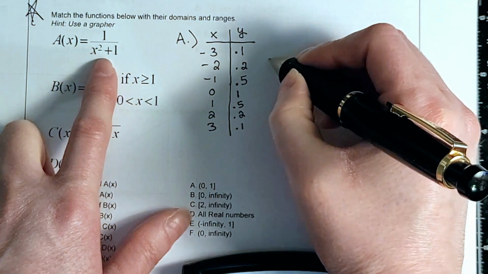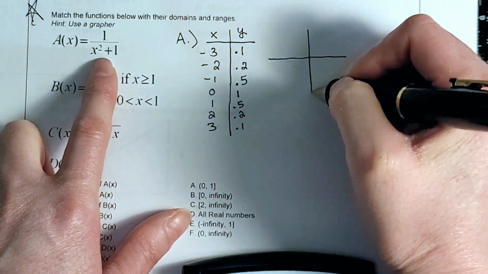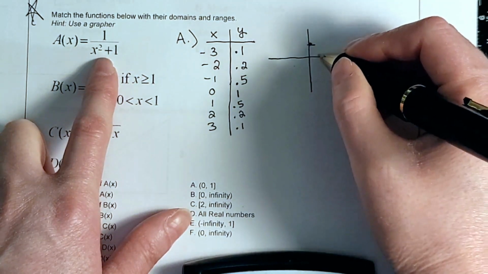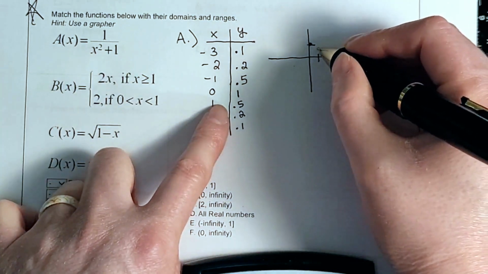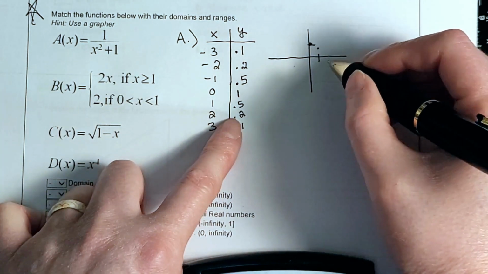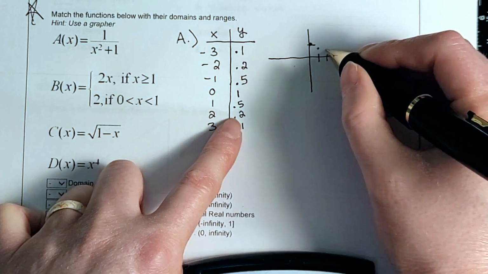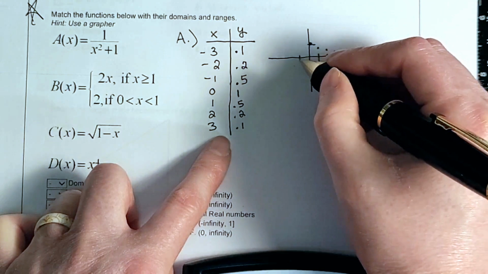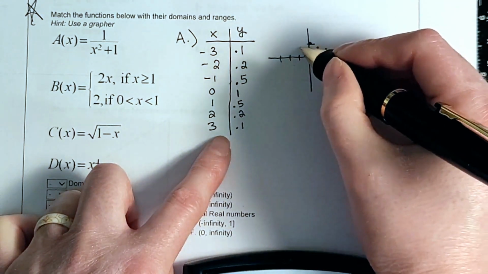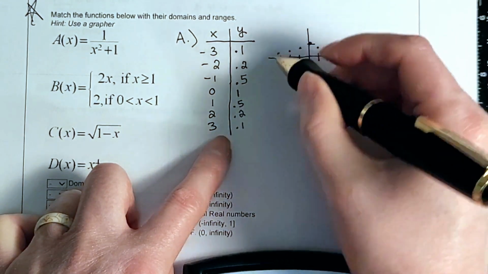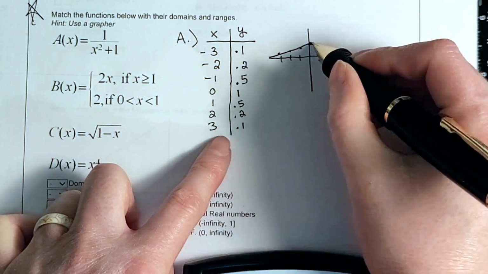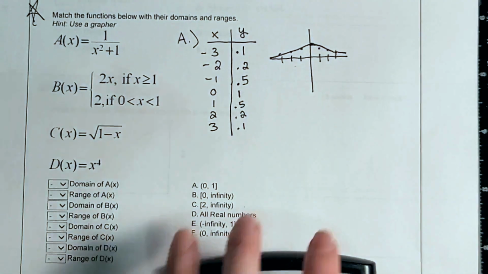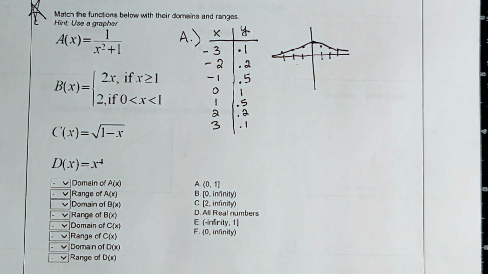Okay, so we're going to graph this thing. So at 0, we're at 1. At 1, we're at 0.5. At 2, we're at 0.2. At 3, we're at 0.1. And then it just mirrors it on the other side. So we get a graph that looks like this. It doesn't really look like much.